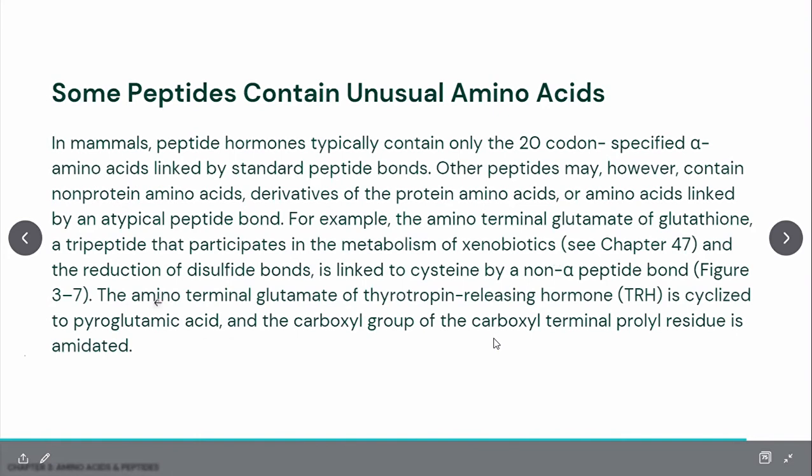Okay, the amino terminal glutamate of thyrotropin releasing hormone is cyclized to form what we call pyroglutamic acid. And the carboxyl group of the carboxyl terminal proline residue is amidated. So an amide is added to it.